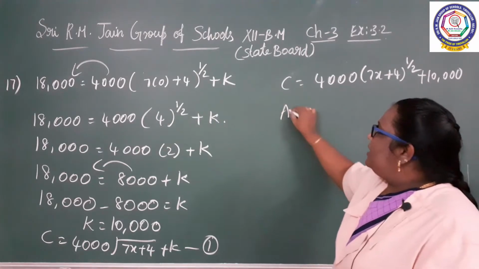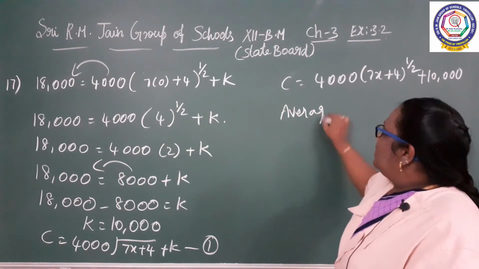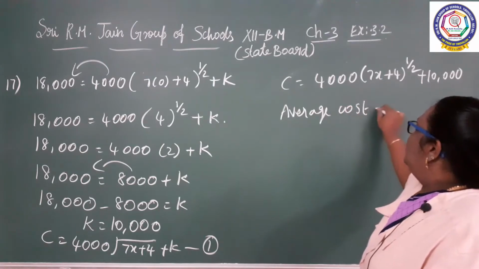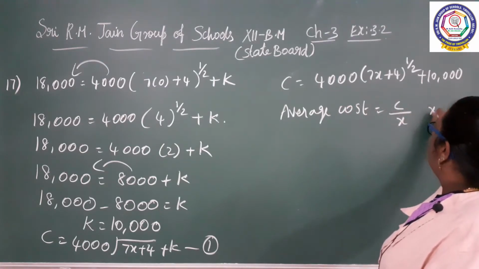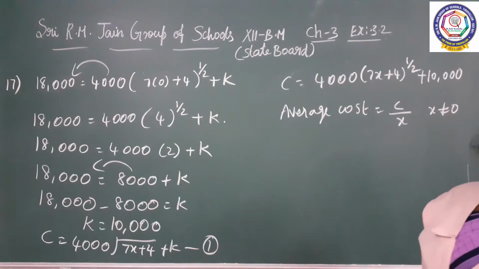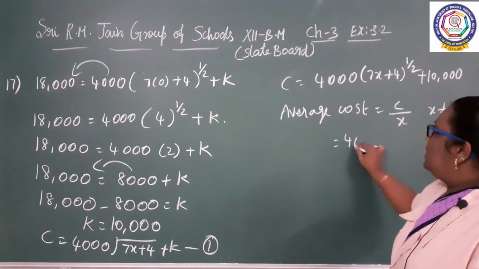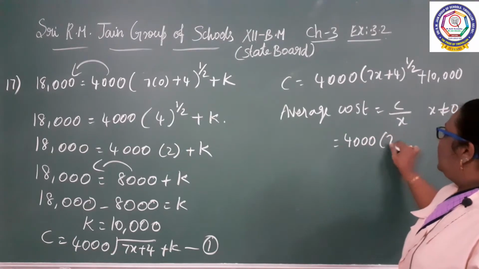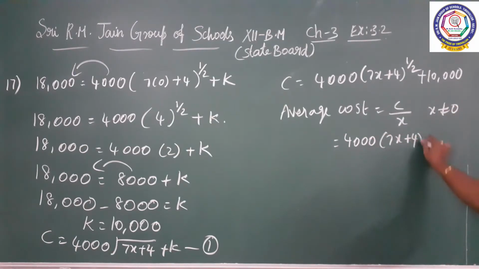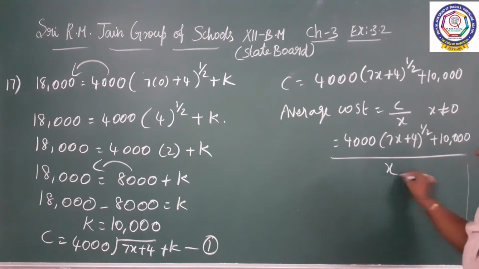What is your average cost? Average cost equal to C by x, where x not equal to 0. What is the value of C? 4,000 into (7x plus 4) whole power 1 by 2 plus 10,000, whole divided by x.